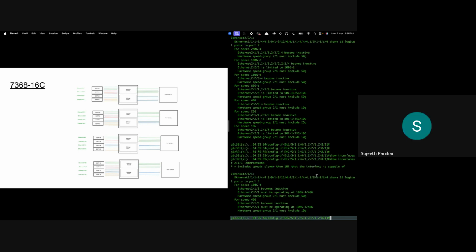But if I put that in 100 G speed, also 2/1/1 goes inactive. It goes inactive, correct, because you have a transceiver inserted in 2/2. So the assumption is possibly you will use the other 2 lanes also in 2/2.